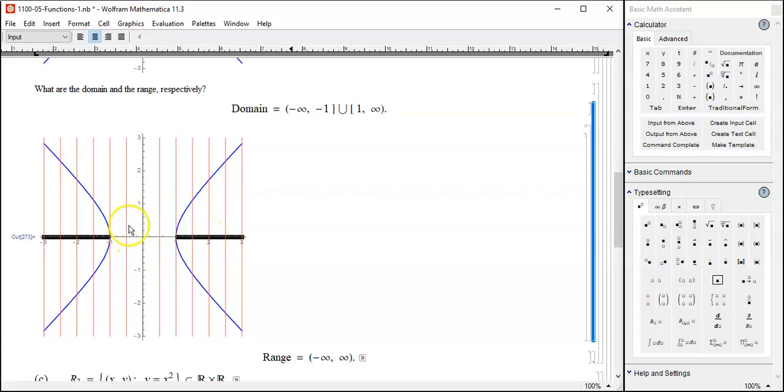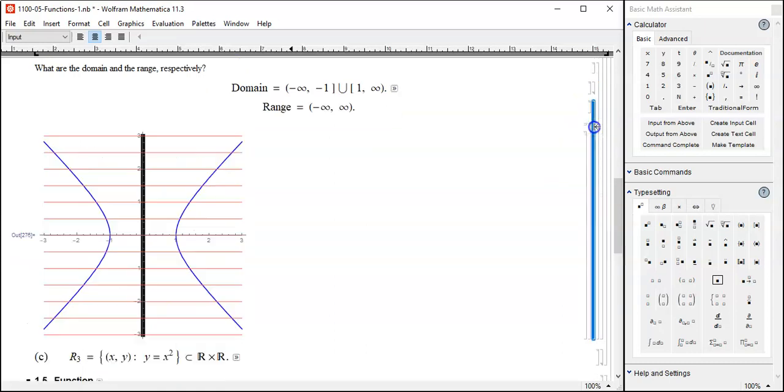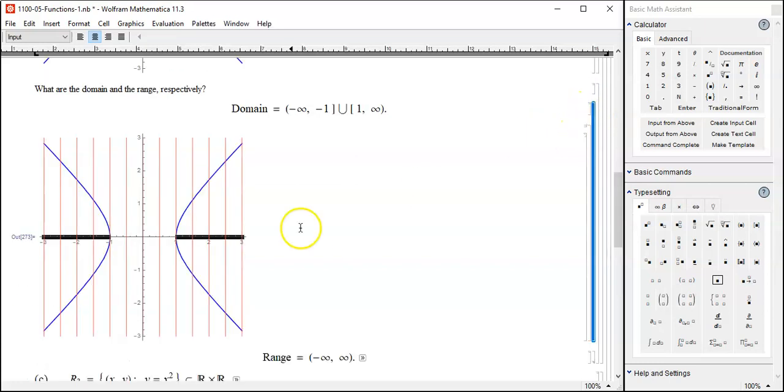But around here, no relation anywhere, no crossing. How about the range? Similar, but this time consider horizontal lines, and then select anything from -infinity to +infinity. We have to have a crossing, at least one crossing. So yeah, range is -infinity to infinity. Domain, that's a different story because we have this missing part here in the middle.